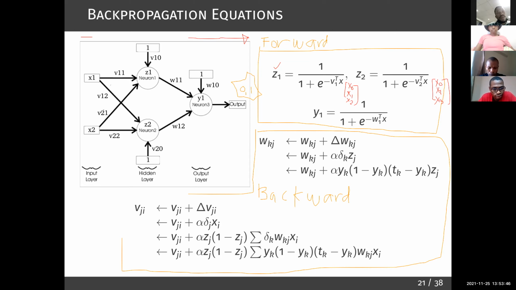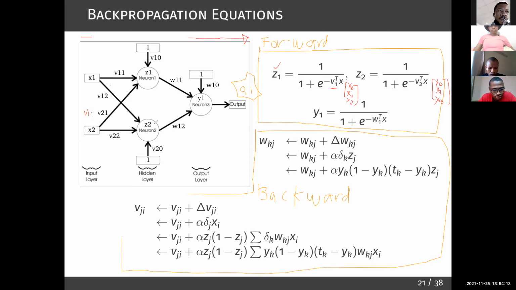That's why there's something wrong here, because it should be v12. The z1 output corresponds to the v1 weights, v10, v11, and v12, multiplied by the corresponding x0, x1, and x2. I hope that is clear.